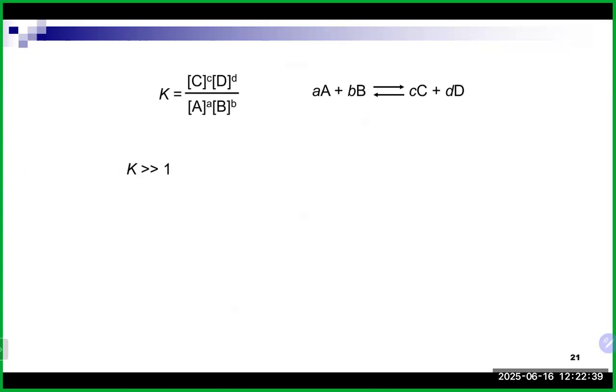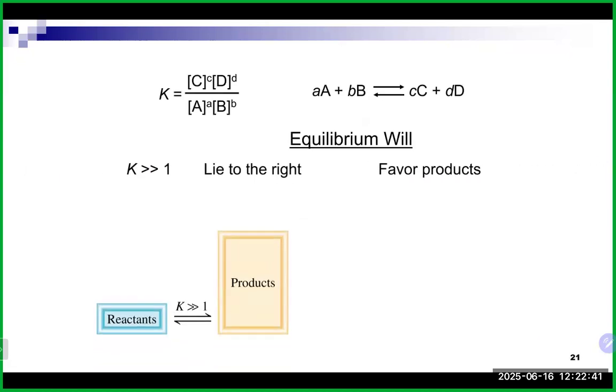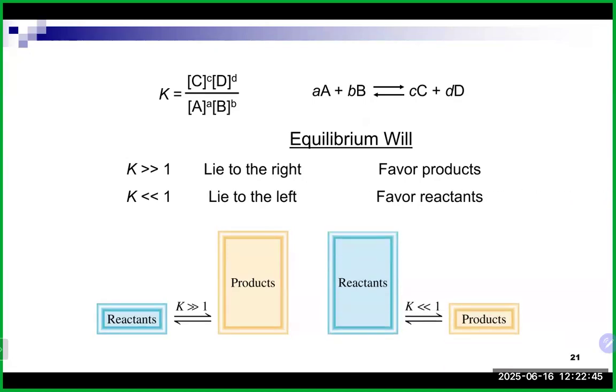So as I mentioned before, the K value is a really important value because it does give you an indication as to what is going on in that reaction. Do you have reactants at equilibrium? Do you have products? It's also really important, as we'll see as we go through different chapters, in terms of calculations.